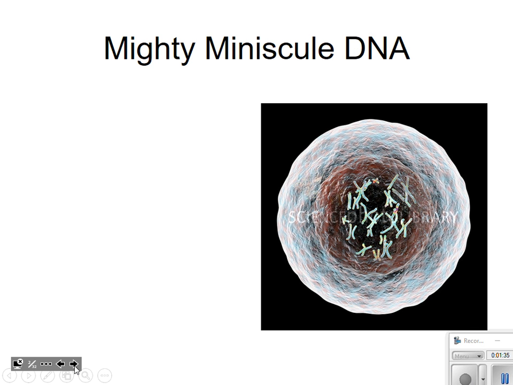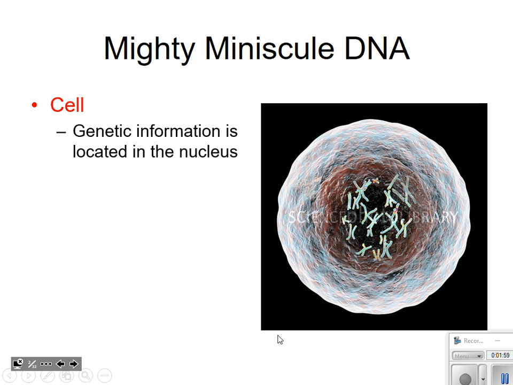So, the first thing on the mighty minuscule DNA is, as you can see, this guy is a blown up cell. On your definition, which should be the bottom of the mighty minuscule, you'll see there's a place to define the cell. What is the cell in terms of DNA?